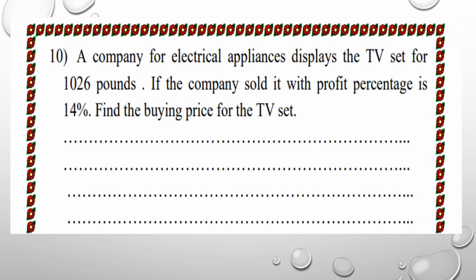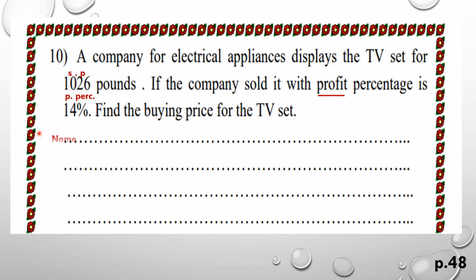Page 48, number 10. A company for electrical appliances displays the TV set for 1,026 pounds. So this is the selling price. If the company sold it with profit percentage is 14%. So this is our keyword, which is profit, and here is the profit percentage. Find the buying price for the TV set. Buying price means cost price.